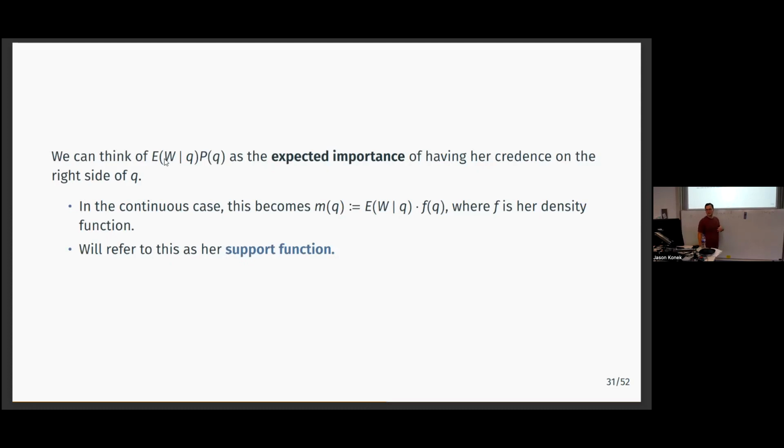So you think of the EW given Q, the expected importance of having a credence on the right side of Q. I'm going to do one slight simplification first. This is kind of how I think about it, not being an analyst. When we go to the continuous case, you think there's some mass around Q. The expected importance at a Q point is going to be this thing you can think of as M of Q, which takes into account 2 factors.